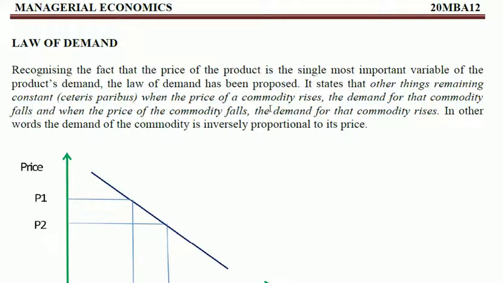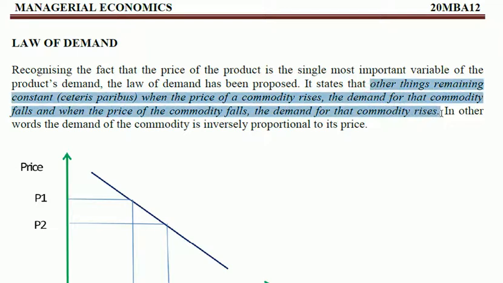The law itself is important, because that cannot be written on your own, so you need to memorize it. It states that other things remaining constant, when the price of the product rises, the demand for that commodity falls, and when the price of the commodity falls, the demand for that commodity rises.